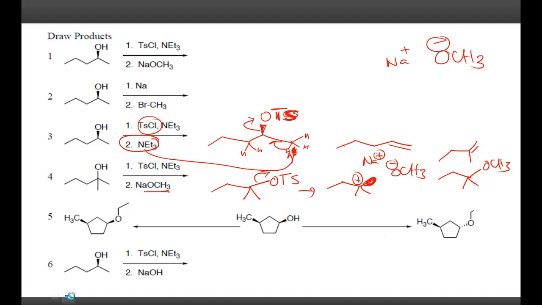If you have a secondary alcohol, what do I get? Let's say I have a secondary alcohol and I need to convert it.